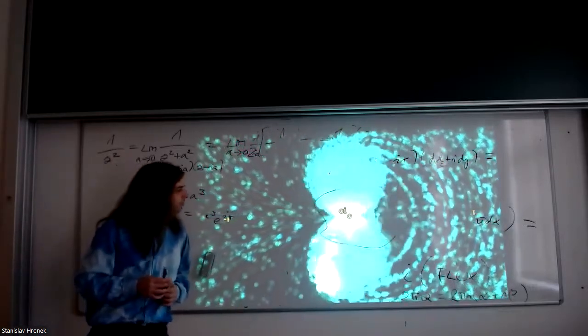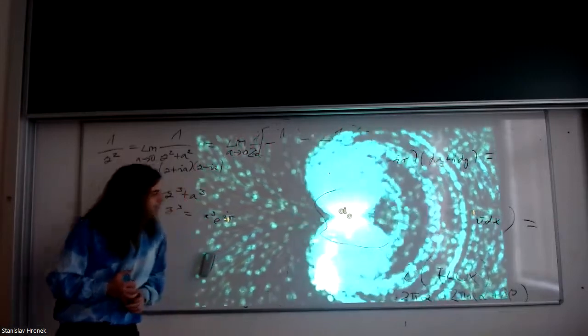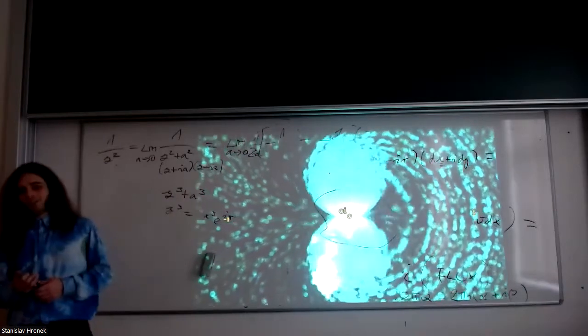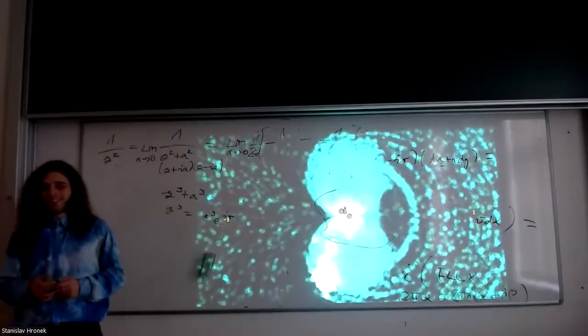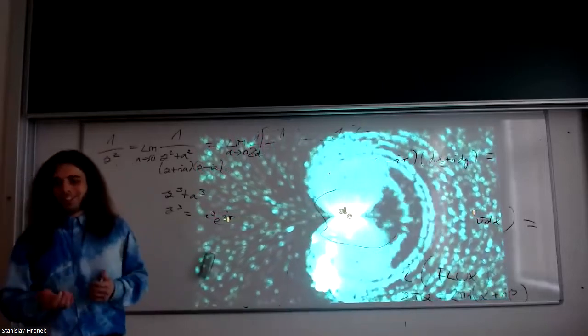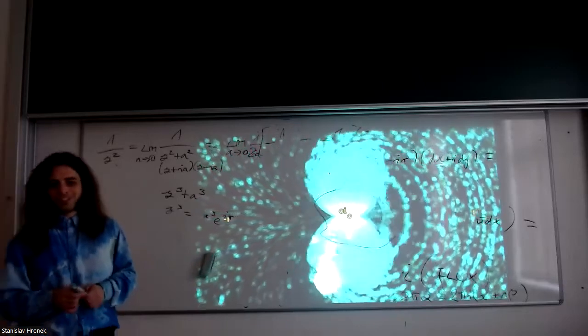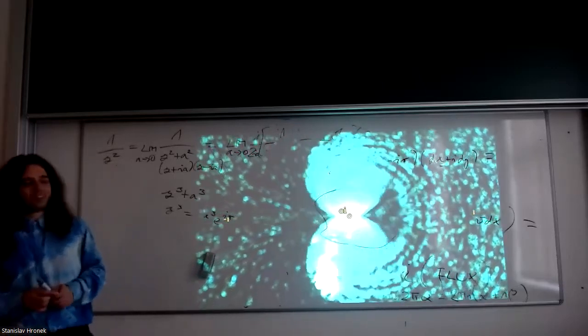This is not 1 over z squared. This is 1 over z minus 1, or 1 over z plus 1. Yeah, of course, because you could just put in 1 over z squared. No, that's what I did, right? This is 1 over z squared. But why do you have the rings there in different places?